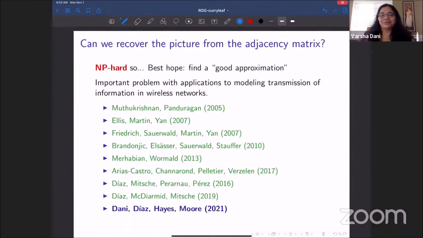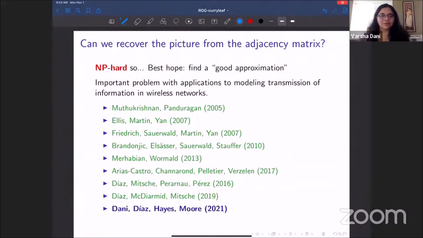All right, doom and gloom. In a way, the fact that we can reconstruct these graphs is a negative result for privacy, but on the other hand, it's a good way to model how information moves in these big wireless networks.